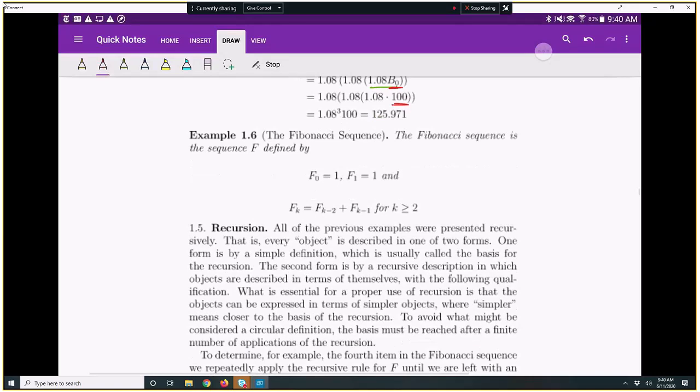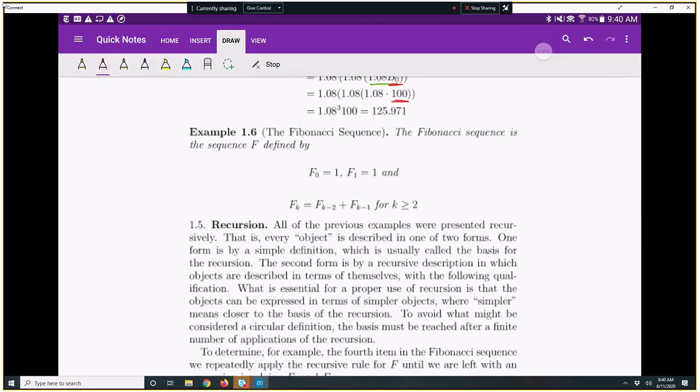Another example of a recursively defined sequence is the Fibonacci sequence. The Fibonacci sequence is defined by, we give the first two terms, f of 0 is 1, f of 1 is 1, and then all of the subsequent terms, f sub k, are defined as the sum of the previous two terms. So f sub k is equal to f sub k minus 2 plus f sub k minus 1 for k greater than or equal to 2.